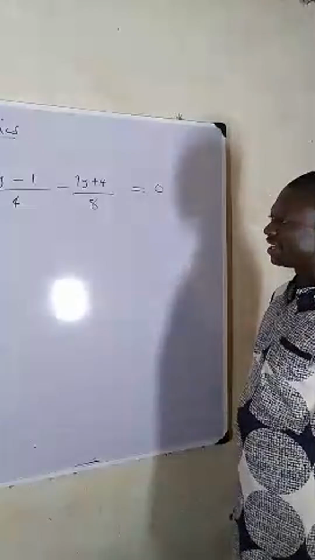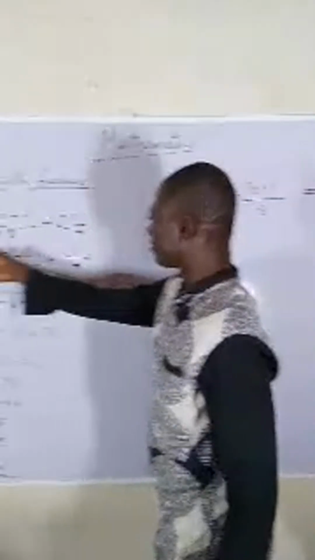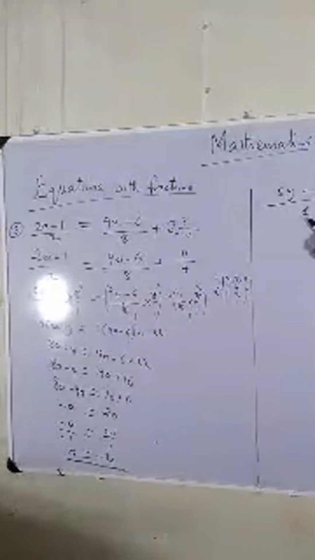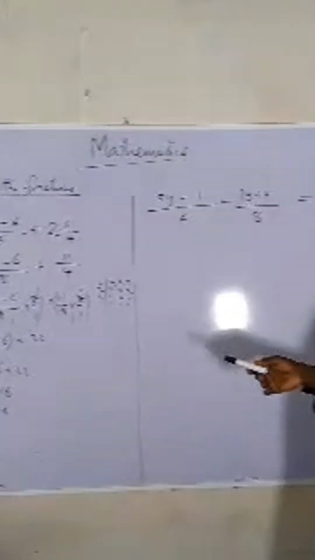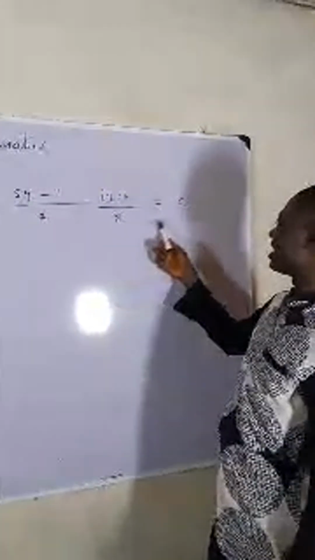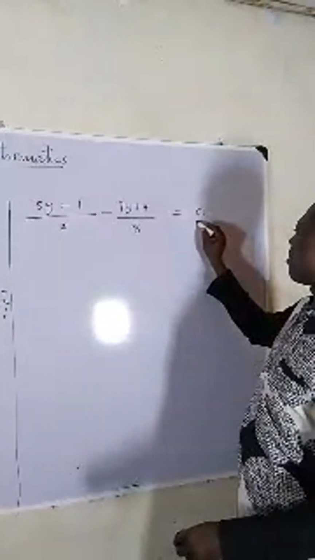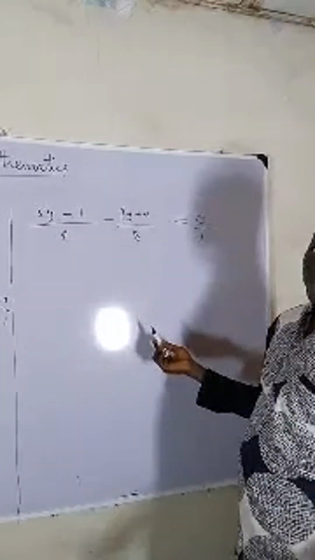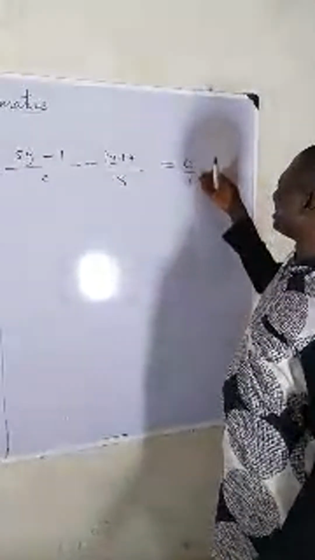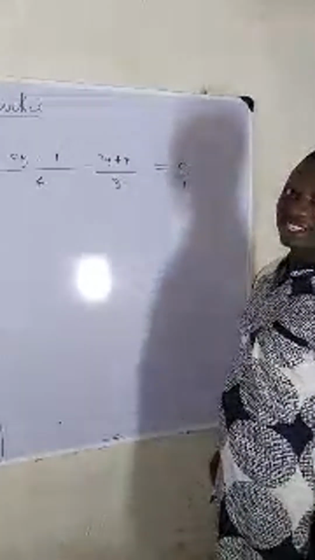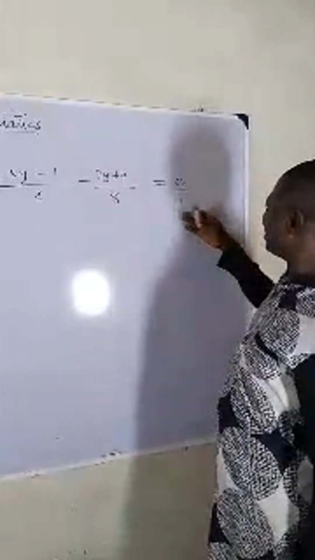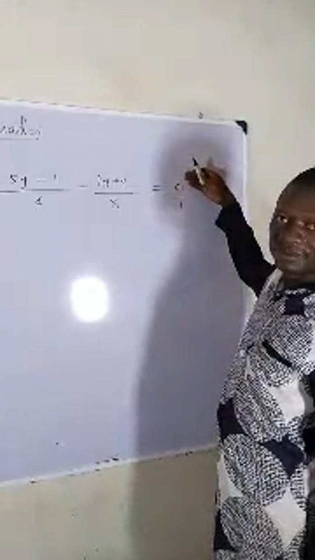If you also like, do exactly what we have done here, using the LCM of 4 and 8. Remember, the 0 here is 0 over 1. The 0 over 1 is 0. If one person divides nothing, the person will still get nothing out of it.